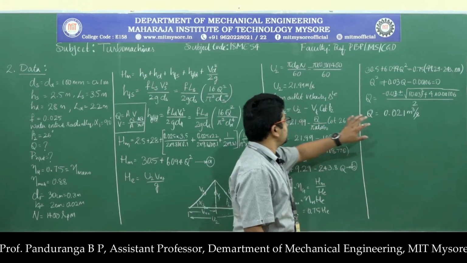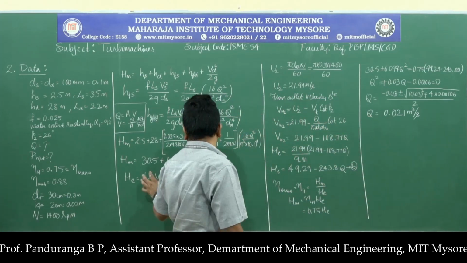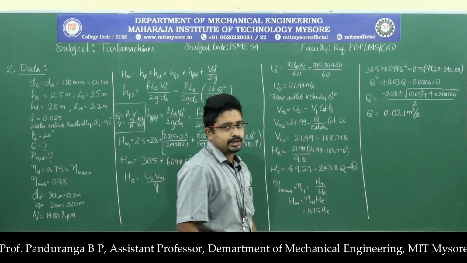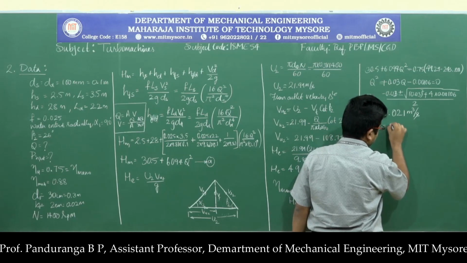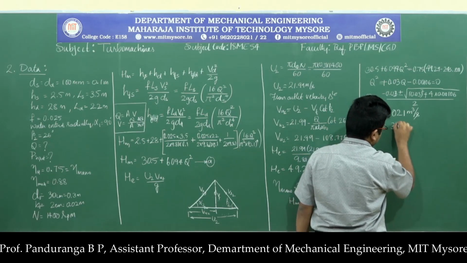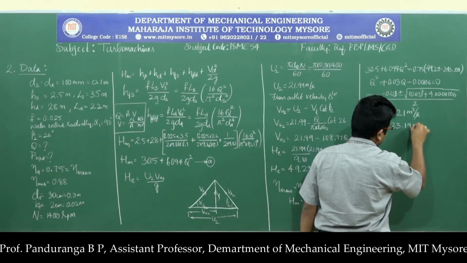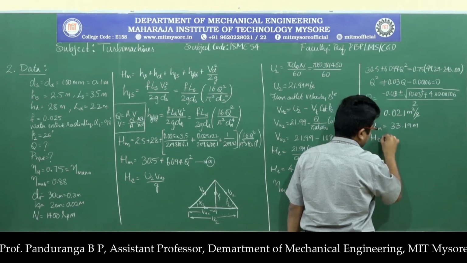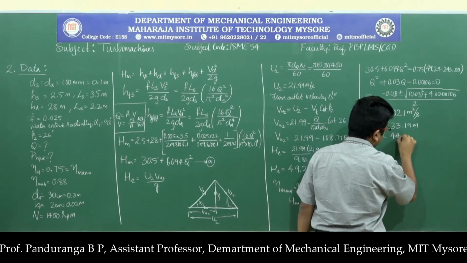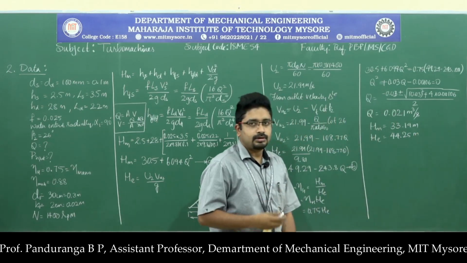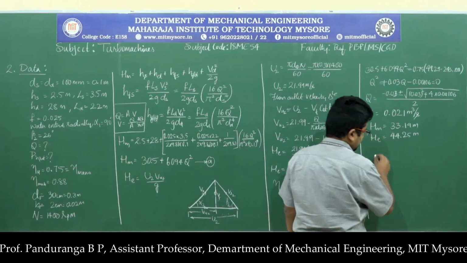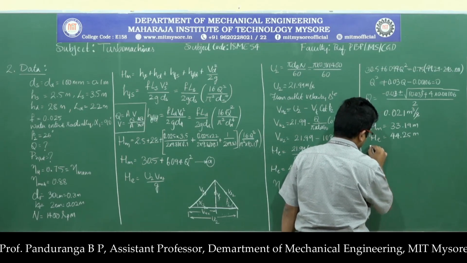I'll substitute the value of discharge in He and Hm equation, that is equation A and B. Then I'll get Hm will be equal to 33.19 meters and He will be equal to 44.25 meters. Now we need the power. So power can be calculated.